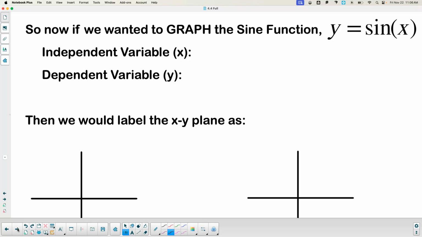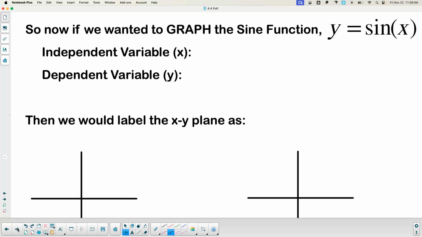If I want to graph the sine function, remembering back to last unit in the obviosities section, all sine values are in between two things. What's the smallest value I can get out of a sine? -1. What's the biggest value? +1. So all sine values are between -1 and +1.